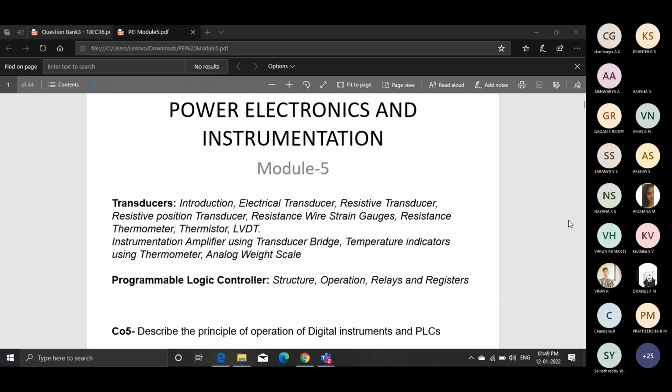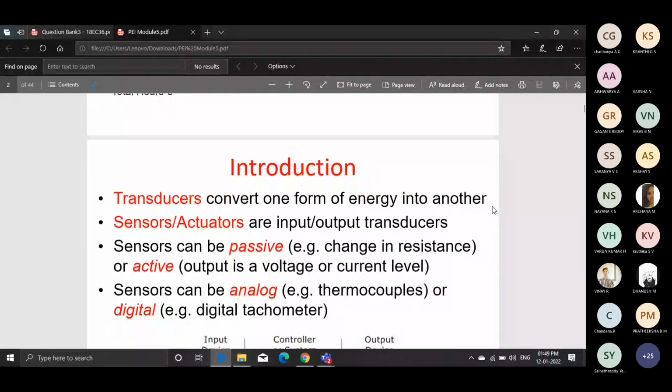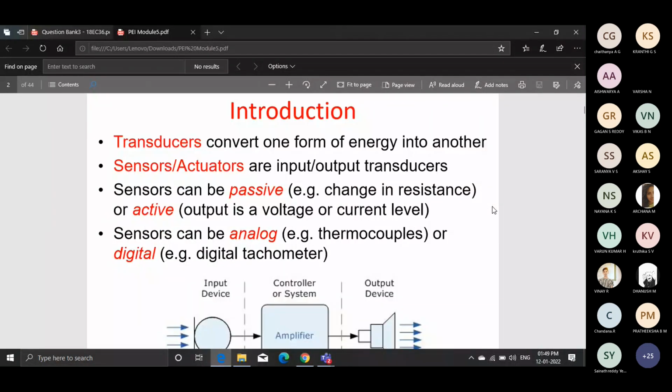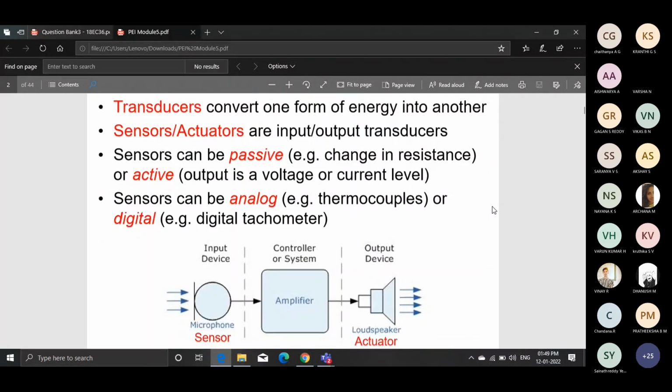Okay. Moving ahead. So generally, what do you mean by transducer? What is the definition of a transducer? A simple definition says that a transducer is a device which converts one form of energy into another form. A simple example given in this slide: we have an audio signal which is received by a microphone, and finally it will be amplified or controlled, or unnecessary data removed, and finally it will be delivered through an actuator called the loudspeaker.